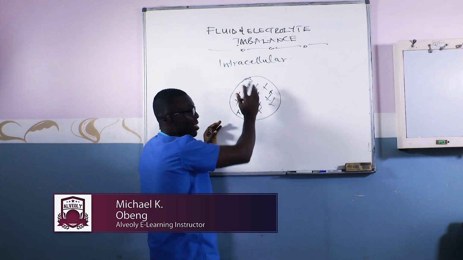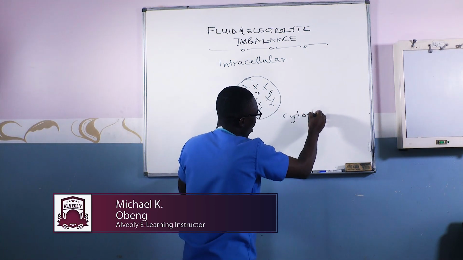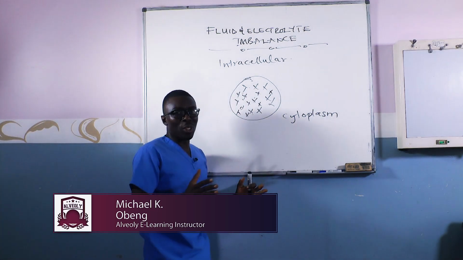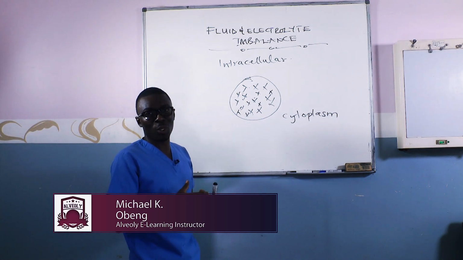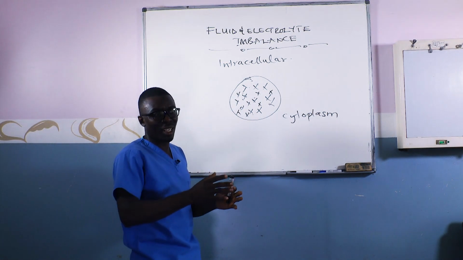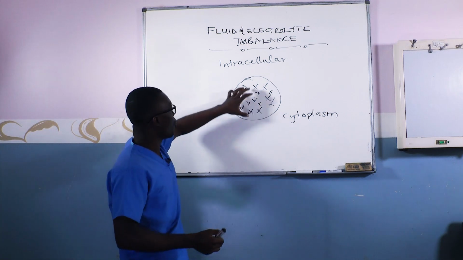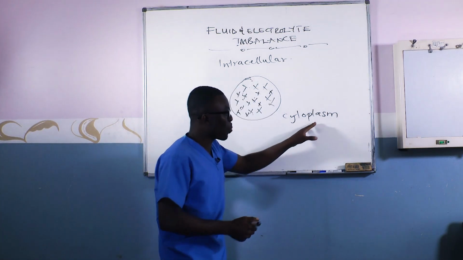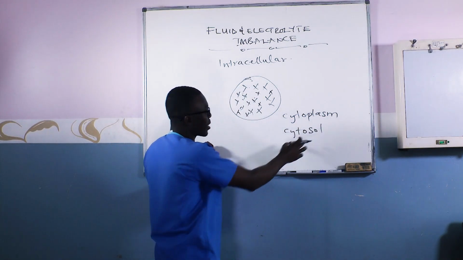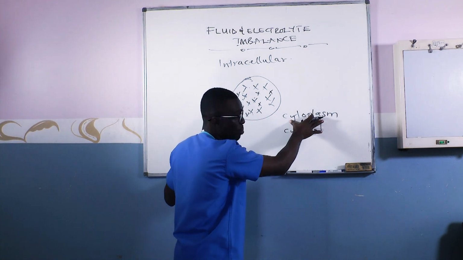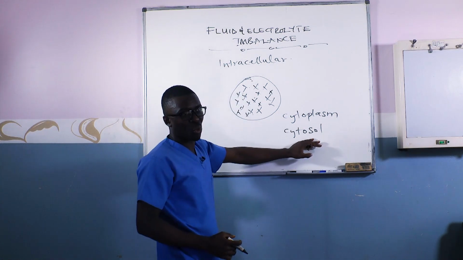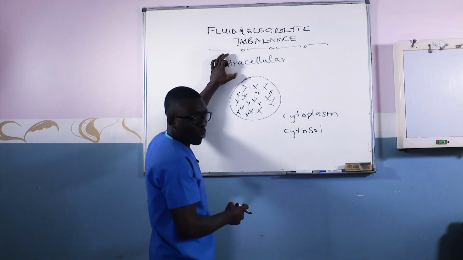All the compartments within the cell are known as cytoplasm. It's like having a cup of water with substances dissolved in it. Everything within that cup, the water and all the substances in it, is the cytoplasm. The fluid part of this cytoplasm is known as cytosol. So intracellular fluid is mostly made up of the cytosol.